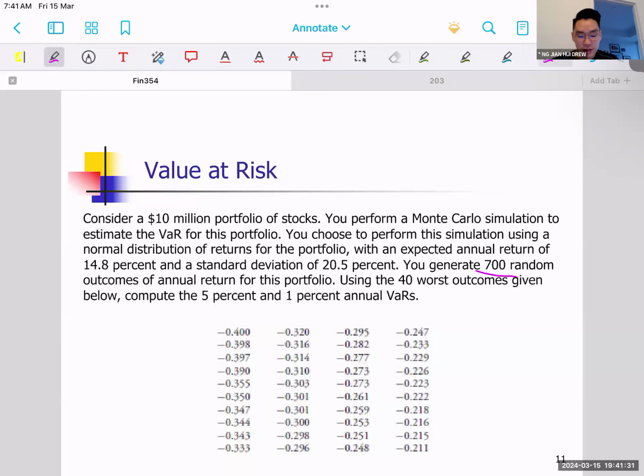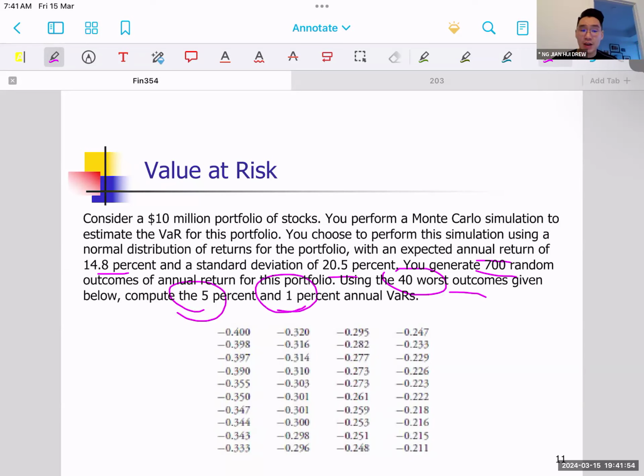Based on the 700 random outcomes, we know that the annual expected return is 14.8%, the standard deviation is 20.5%. And in this question, you are given the 40 worst outcomes out of the 700, right? And now we want to compute the 5% VaR and 1% VaR.